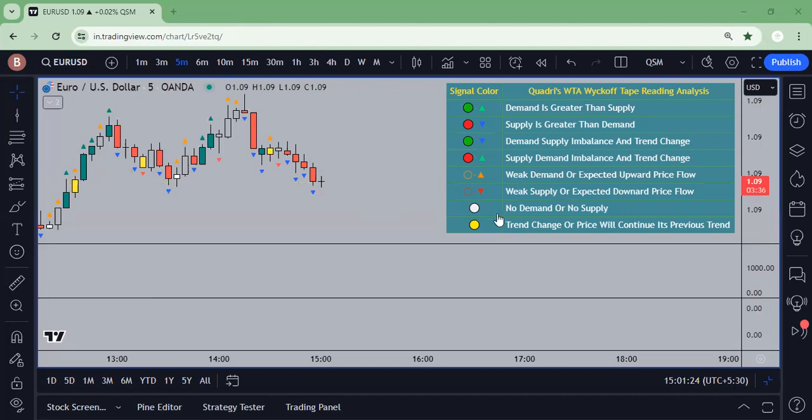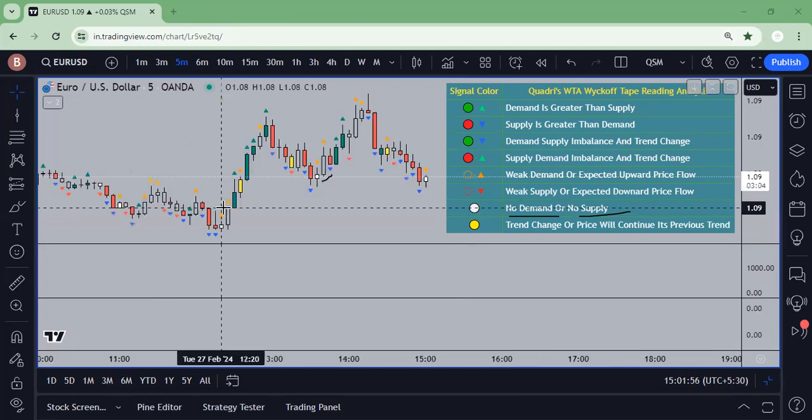So having said that, these are the last two hollow candles, and then we have no demand and white candles. A white candle represents, here we are not concerned with the triangles, we are concerned with the candle color. If there is a white candle, that means there is no demand or no supply.